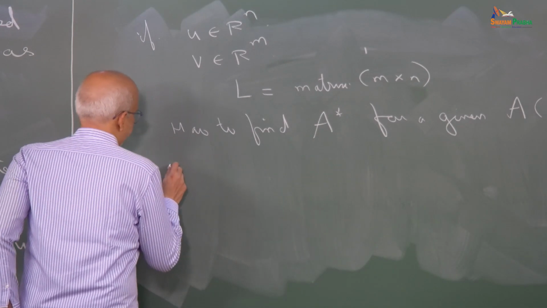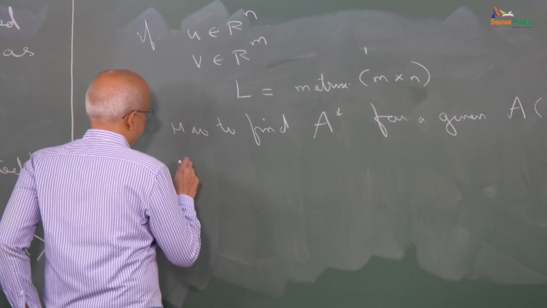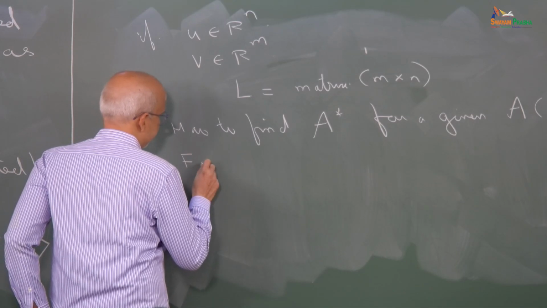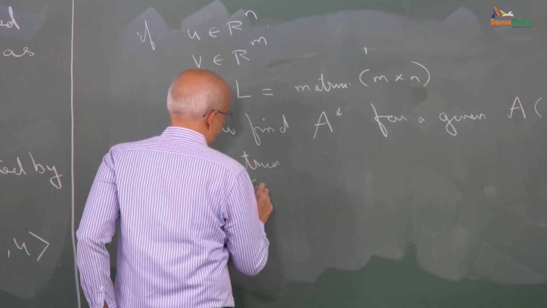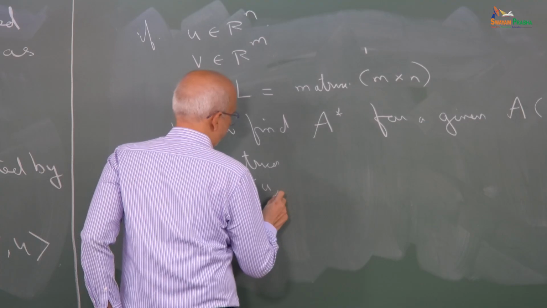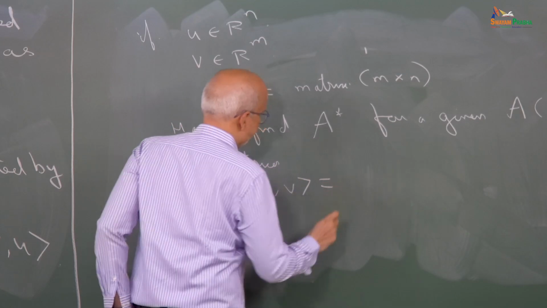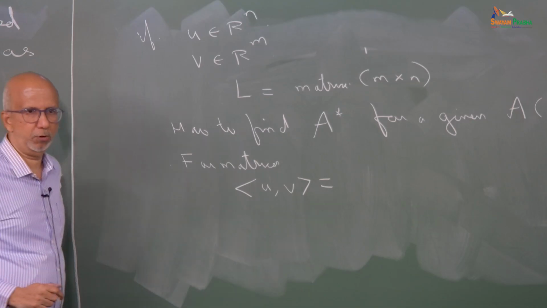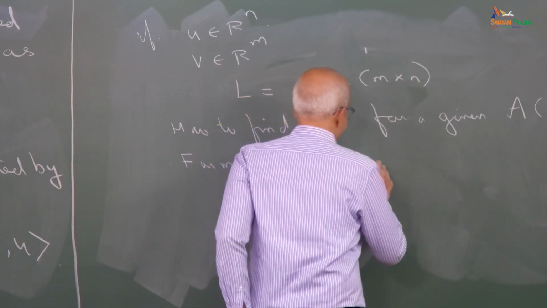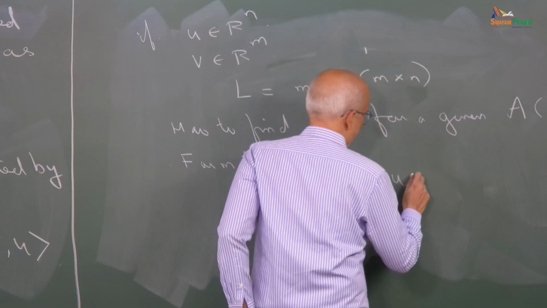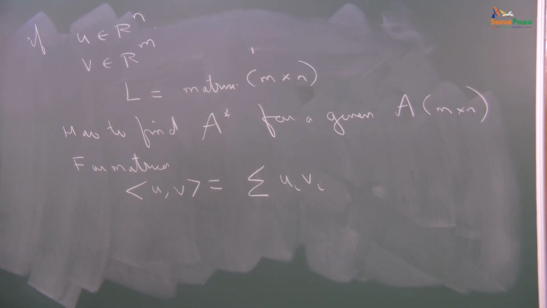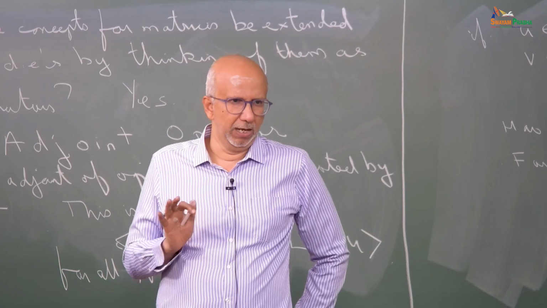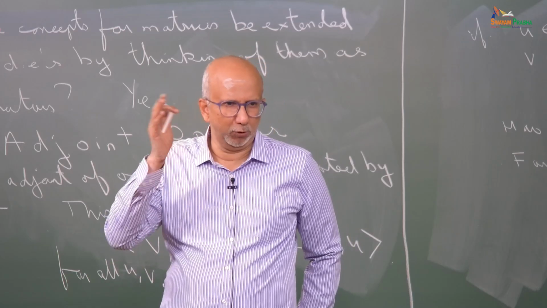Look at this now in the context of matrices. For matrices, when I do the inner product of u with v, we write it as sigma ui vi. Let us not complicate life by putting conjugates now. Let us say that we are all working with real things. Once you become comfortable with this, then I can put conjugates and confuse you.